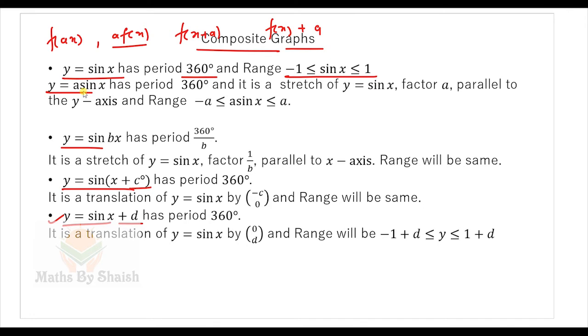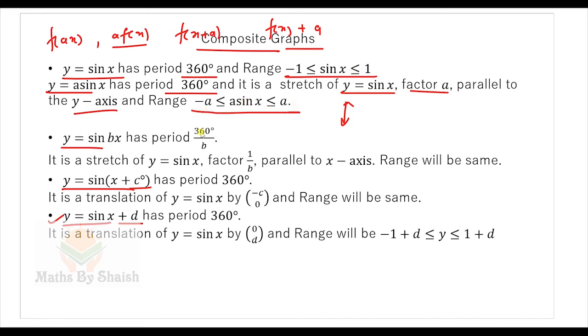That's why the period is still 360, and the range will be minus a to a, because it is a stretch parallel to the y axis with factor a. It is a stretch of the sine x function with factor a, parallel to the y axis. So the range will change from -1 to 1 to minus a to a.